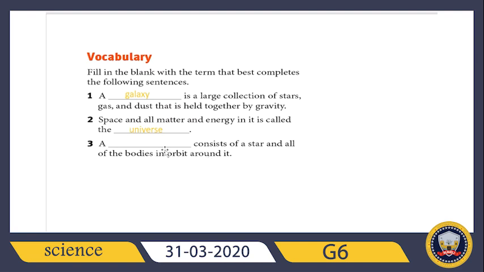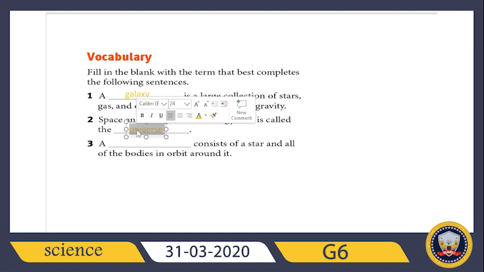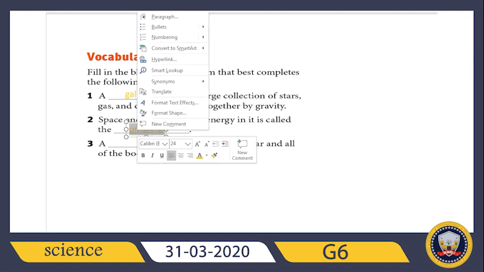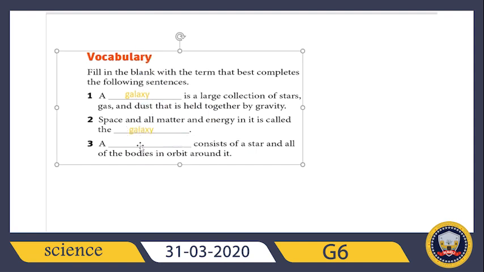So there is something that consists of what? Of a star and all of the bodies in orbit around it. What do you think? Yes, solar system. Here the answer will be a solar system, and we discussed the solar system yesterday.